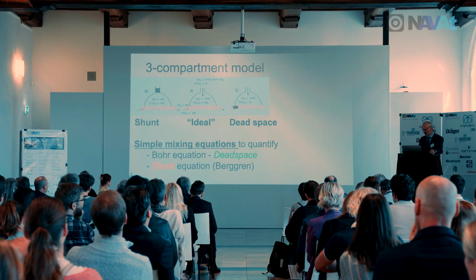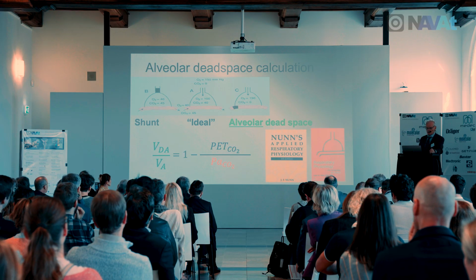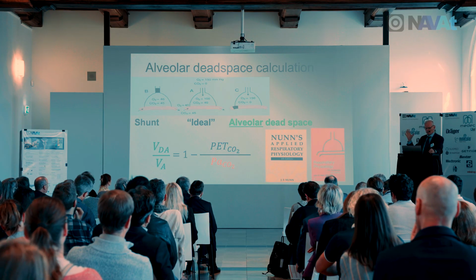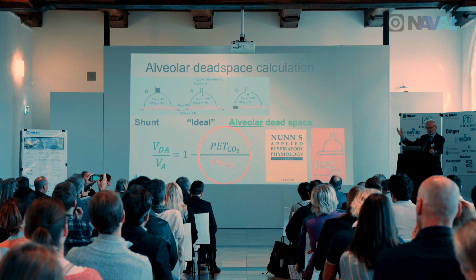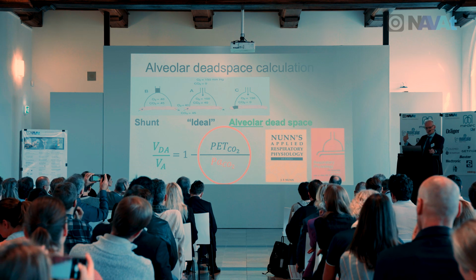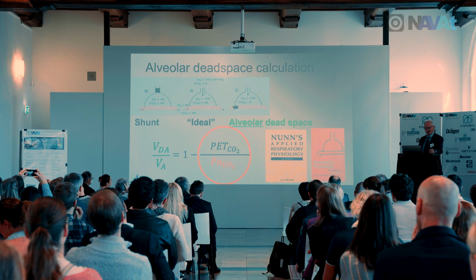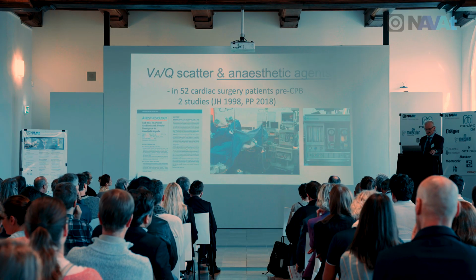It gives us those familiar mixing equations, including the Bohr equation, which measures dead space for us. If we're measuring the alveolar dead space, the Bohr equation looks like that. We went through this last time. And the AA gradient, the end-tidal to arterial partial pressure difference, is reflected in the difference between the numerator and the denominator of the Bohr equation. You're all very, very familiar with these concepts.